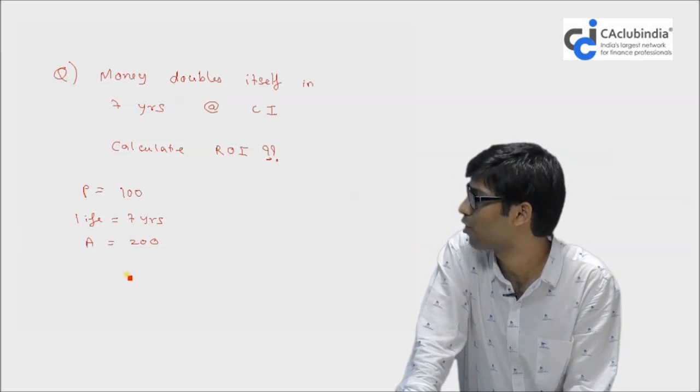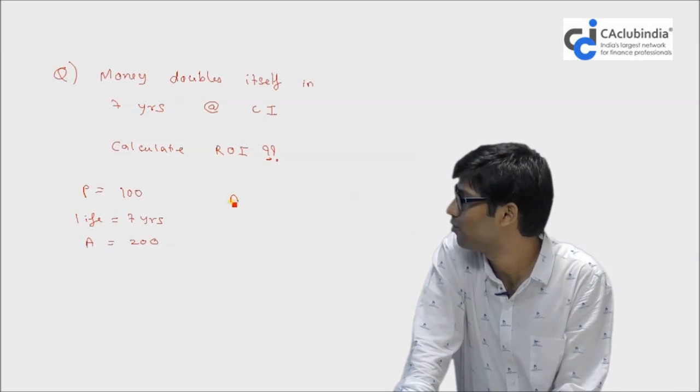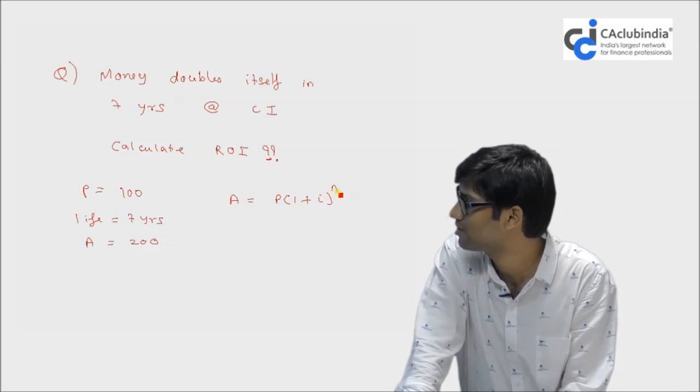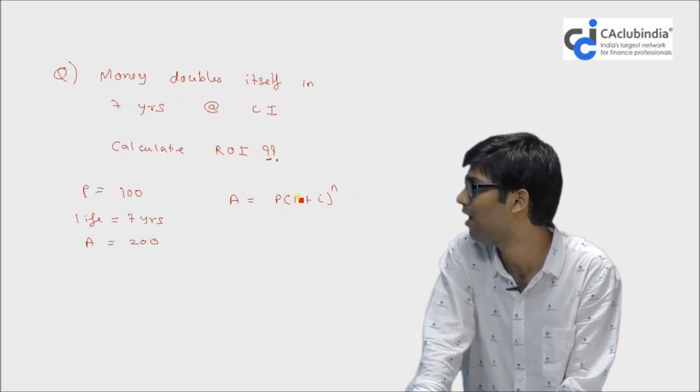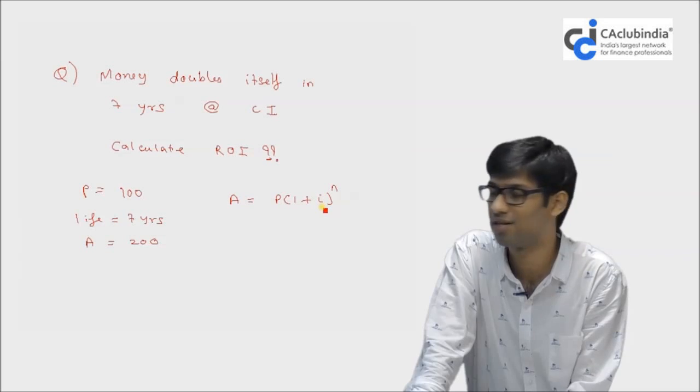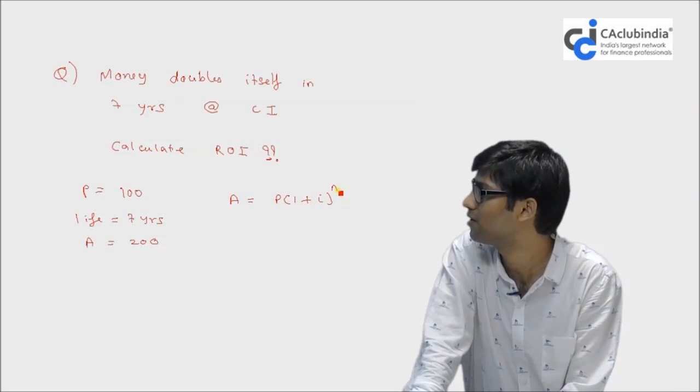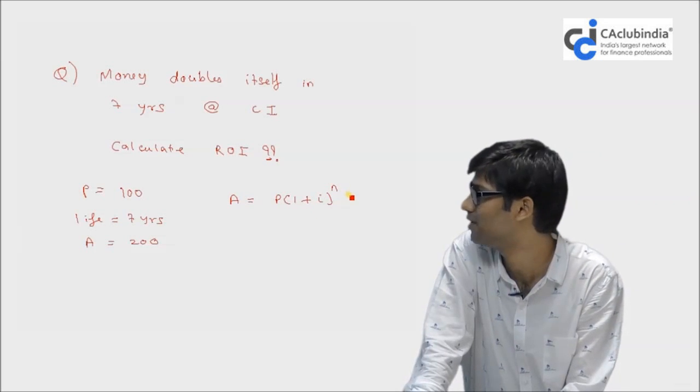Now, we have a formula. A is equal to P into (1 plus I) raised to n, where A stands for amount, P stands for principal, I stands for rate of interest in decimal, and n stands for the number of years or the period.